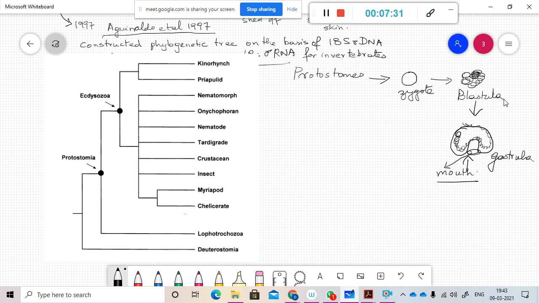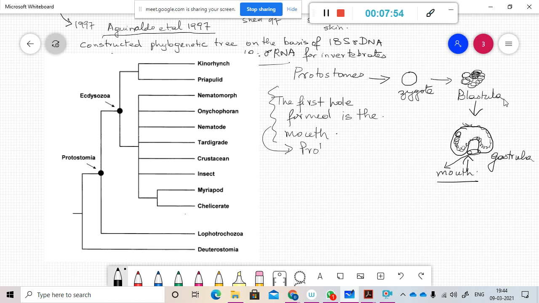The first hole formed forms the mouth later.